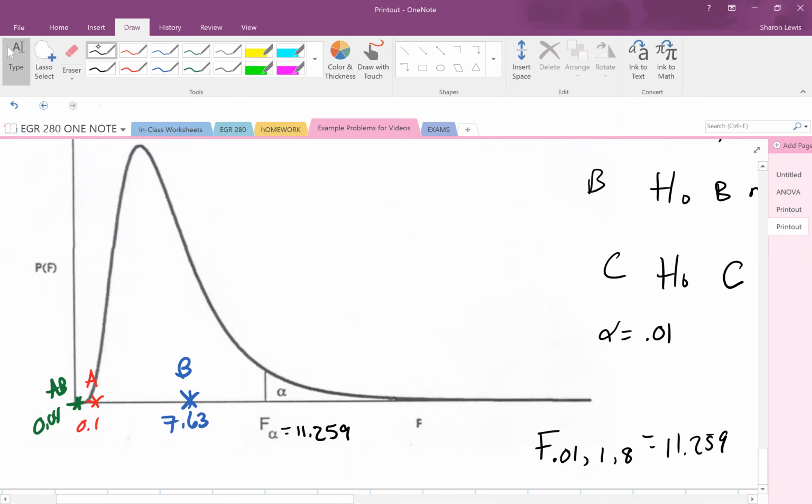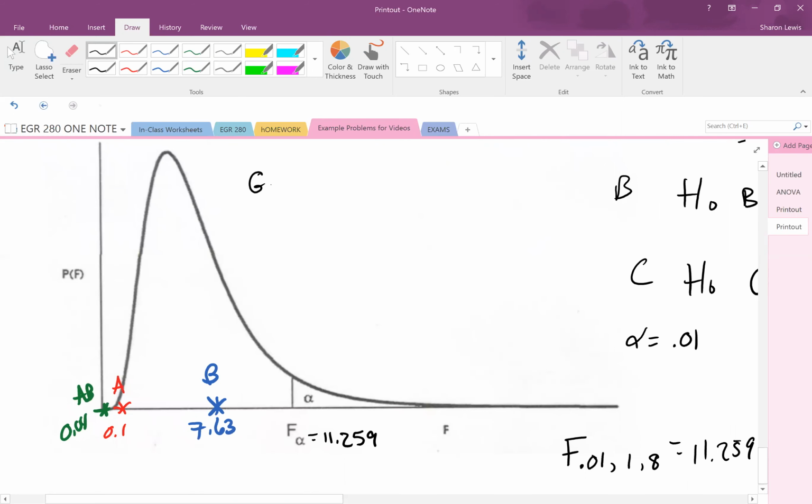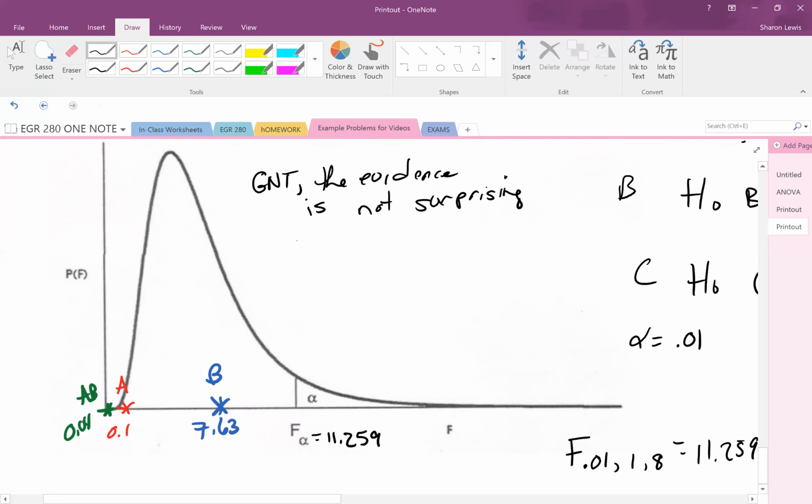So given the null is true, the evidence is not surprising. Now, you would examine these separately, right? Because sometimes you might have one factor significant and the others not. In this case, none of them are. So given the null is true, the evidence is not surprising. Do not reject the nulls.